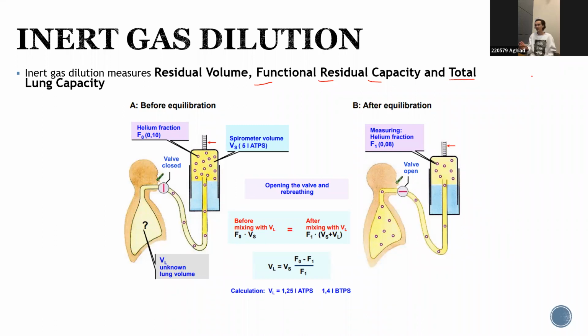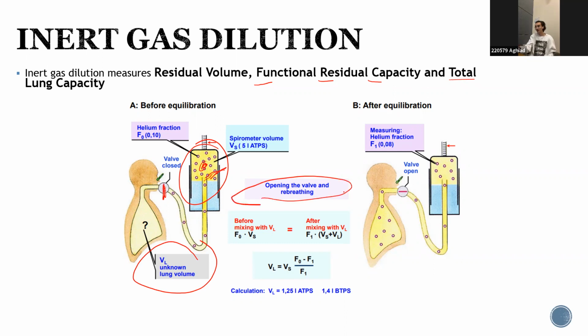They do that by putting in helium, in a device. The valve is closed right here, so there's a certain concentration of helium that they measured, before the valve is open. You don't know the lung volume yet. You just know the volume here and the concentration of helium here.